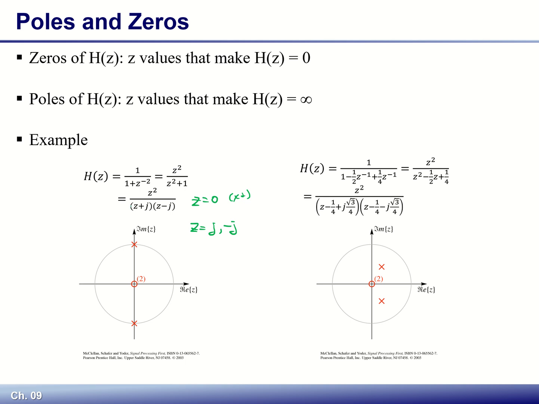Since the denominator becomes 0, the absolute value of H(z) will be infinite. So we call them poles of H(z), and we mark them with x on the complex plane.